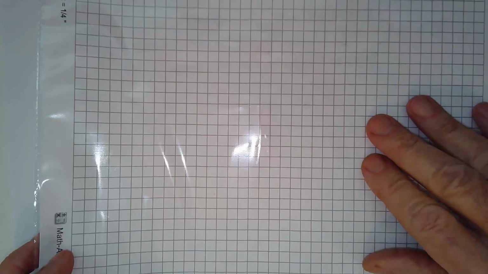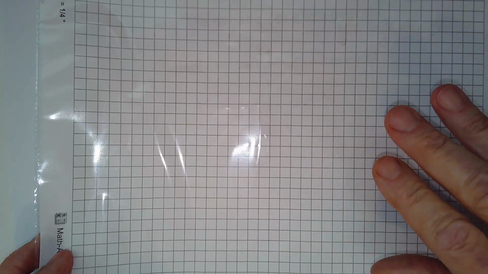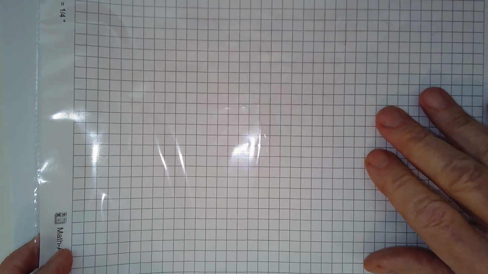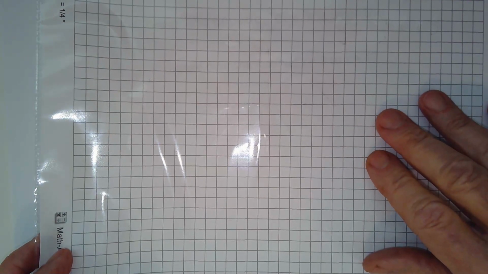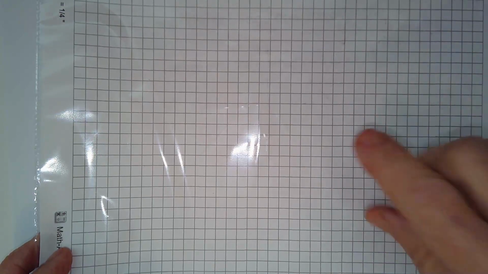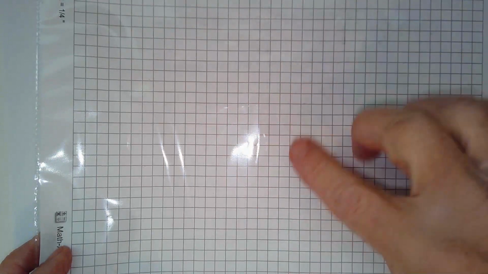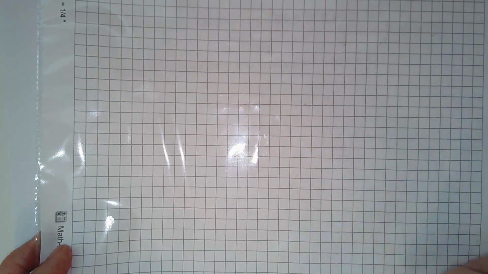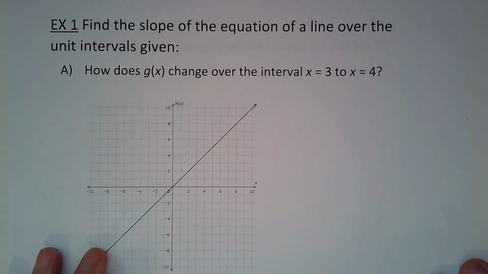But as you will see today, we're looking at a couple of graphs. The skills do not ask you to actually look at graphs necessarily in all cases, but if you can visualize with a graph and sketch one, it might be a good idea to use the graph paper with a plastic sheet, and it just makes it easier to sketch your graph. Okay. So let's look at the first example.